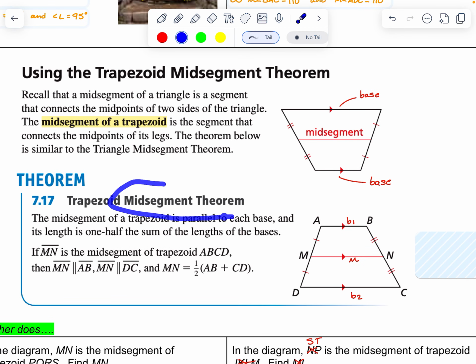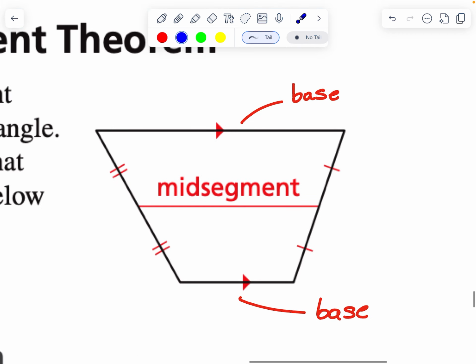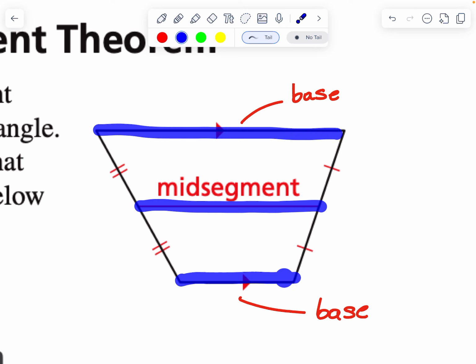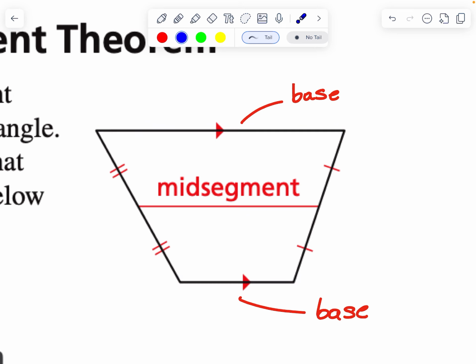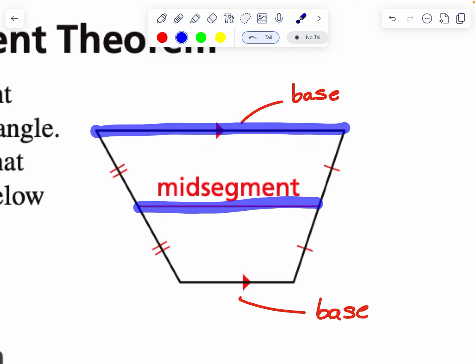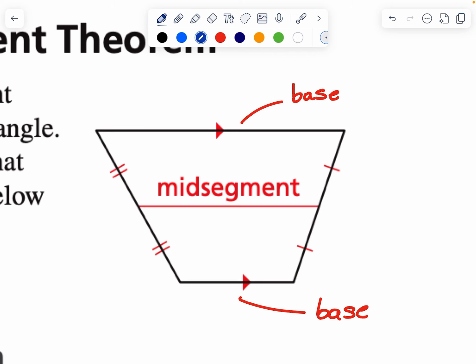We have a mid-segment property. It's also good to note, it doesn't say it here, but the mid-segment is parallel to our bases, right? It's right in between our two bases, and it is parallel to our bases, right? So our mid-segment couldn't look like this.